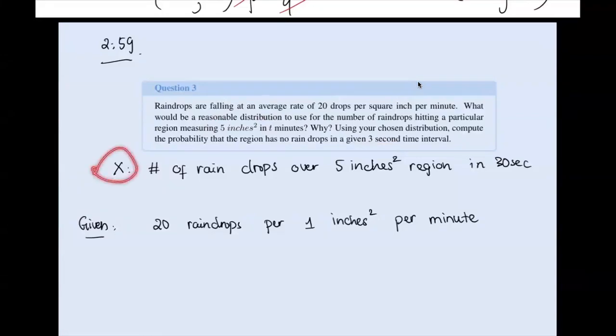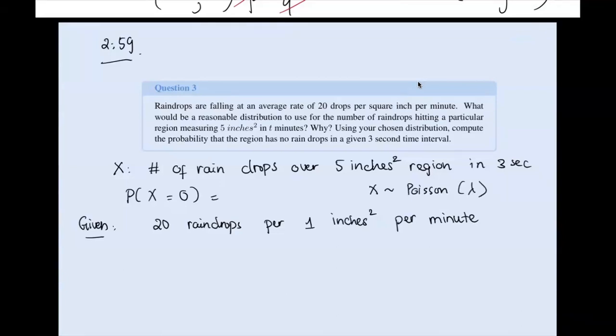So if we denote X as the number of raindrops over the 5 square inch region in the 3-second interval, then what we are interested in calculating is probability X equal to 0. Probability of no raindrop, which means the number of raindrops is equal to 0. And then we know that X follows a Poisson distribution with parameter lambda.